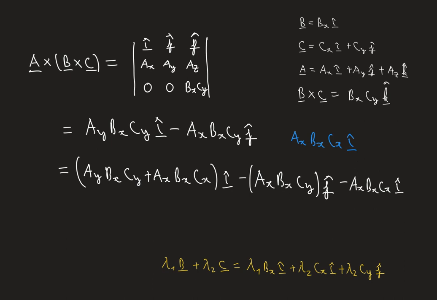Good. Now notice here that we can factorize by bx over here, which is exactly what we want, because remember that our final formula needs to be in this form. Alright? Good. So by factorizing we obtain bx times ay cy plus ax cx in the i hat direction. And similarly here what we can do is factorize by ax bx.